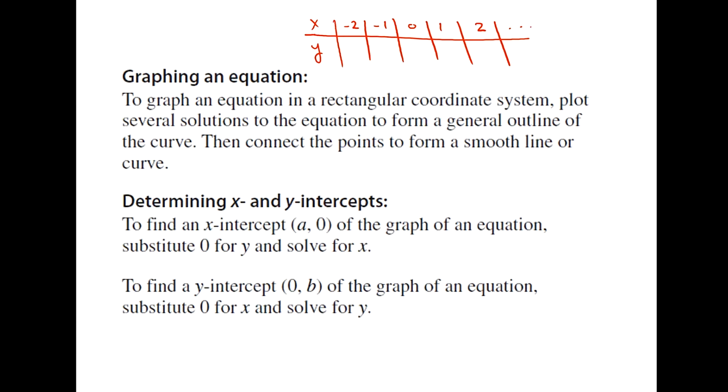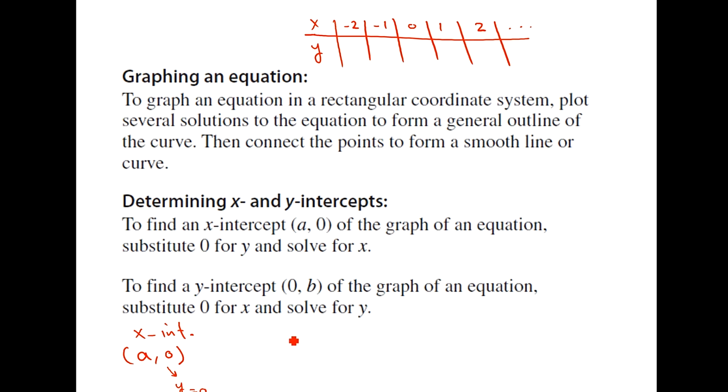Okay, to determine the x-intercept and y-intercept: the x-intercept is the point a, 0, so y always equals 0. If you need to find the x-intercept, y always equals 0, and find the value of x.